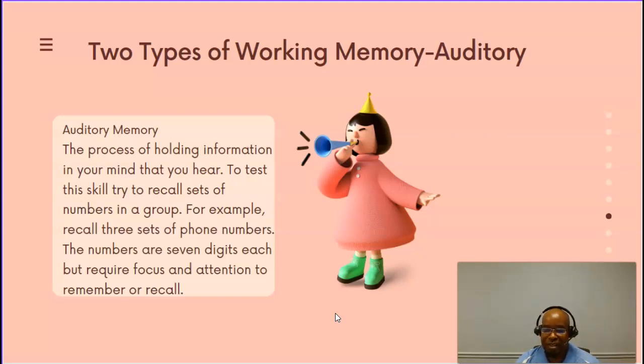I know everybody's got speed dial, but if you can recall 3 sets of phone numbers for your friends, and then find a way to associate those numbers with the person and define it that's important, you will get the idea of how information goes from just being on a page to your long-term memory. So the numbers having 7 digits each, but requires focus and attention to recall the numbers. So I think we can get an idea of how do you put things together to remember. It's basically what the working memory does in the auditory sense.